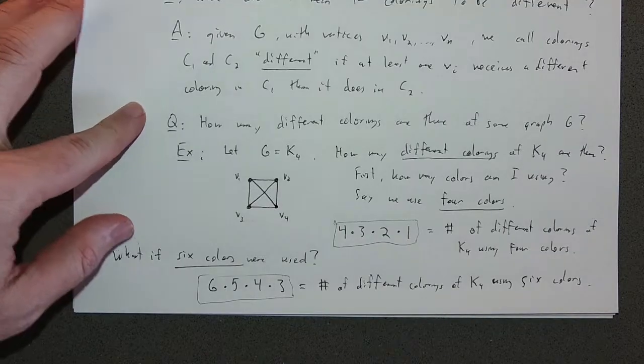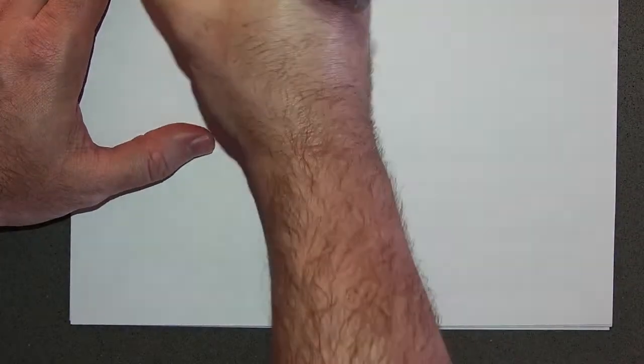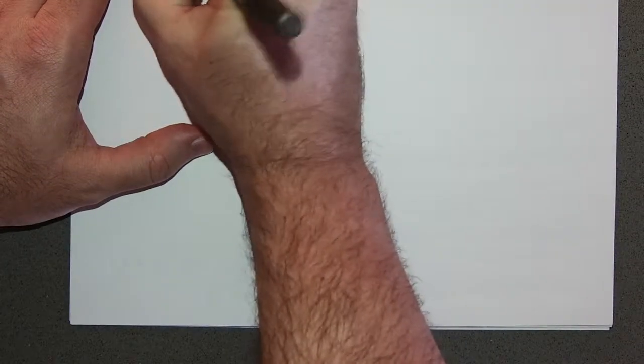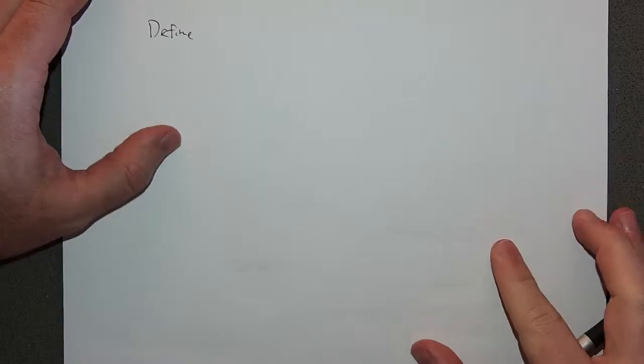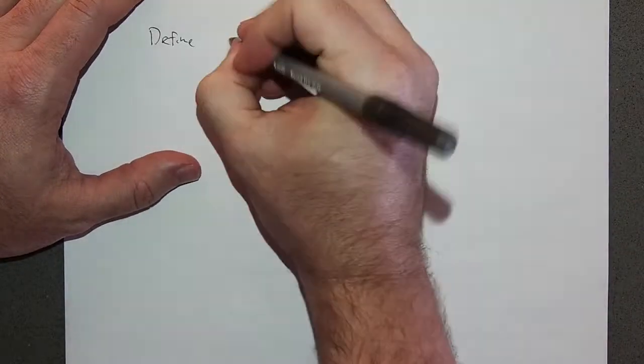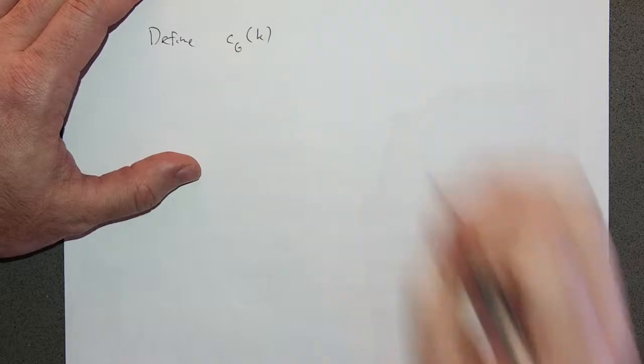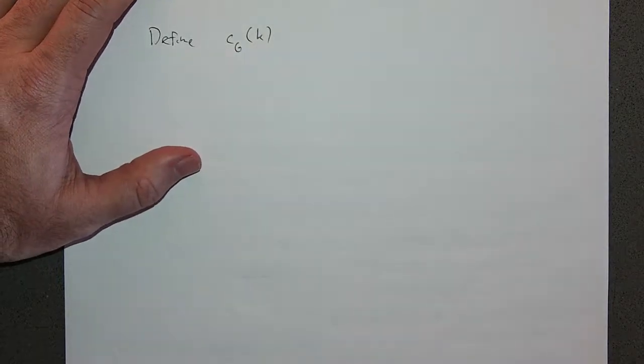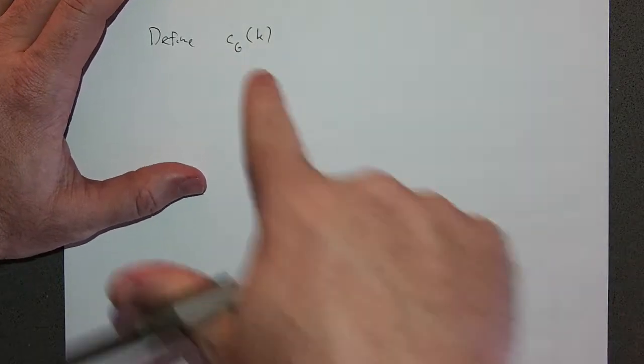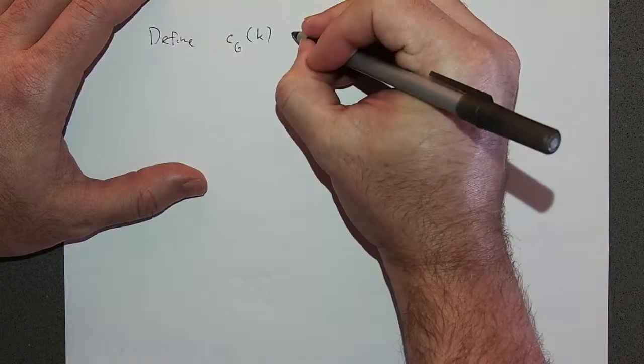So, what is this? Well, let's define something real quick. Define C sub G of K to be the number of different colorings of a graph G using at most K colors.